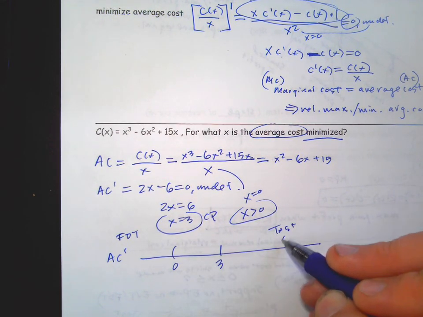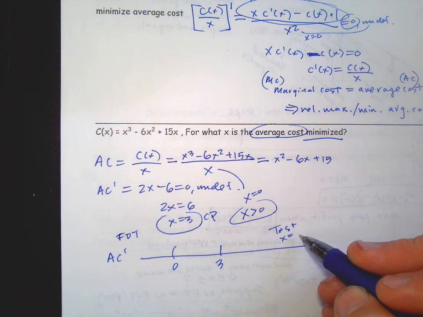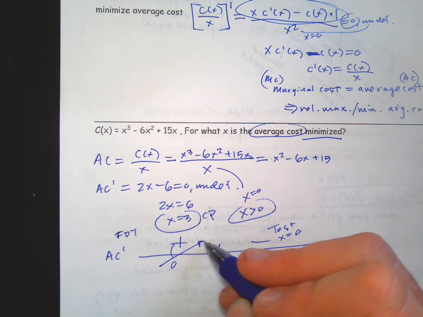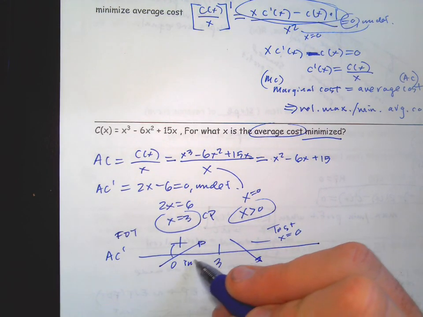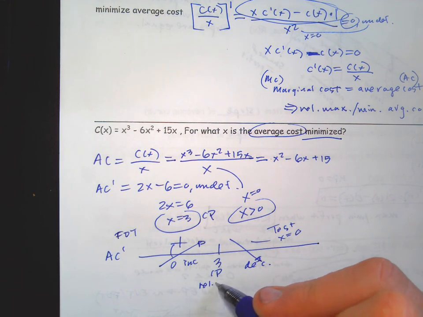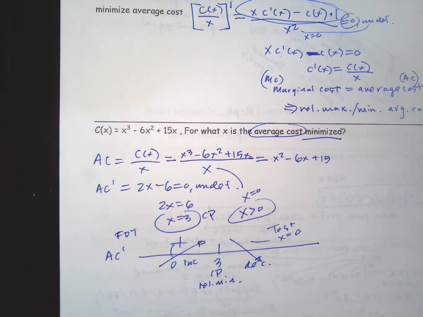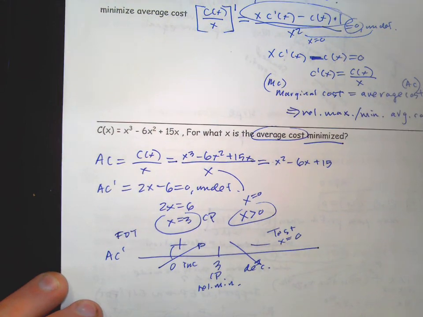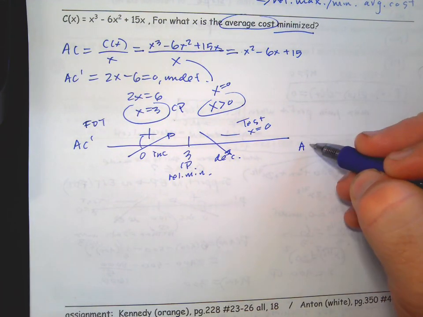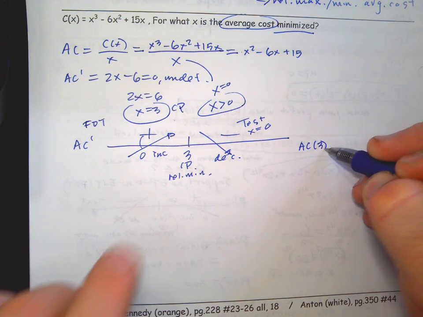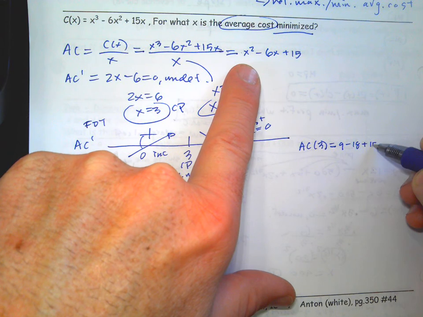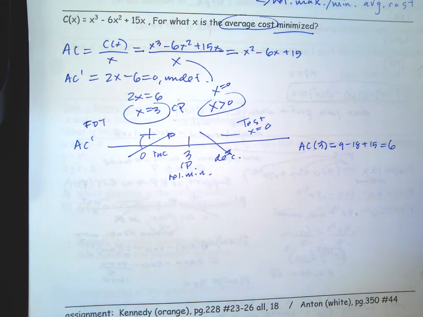Test x equals, now I guess we put 0 in there. It's maybe positive, negative, increasing, decreasing. So clearly a relative min by the first derivative test. And so now you'd have to put that all into writing. And by the way, the average cost you don't really know yet. So you plug 3 into the average cost, you get 9 minus 18 plus 15, you get 6.